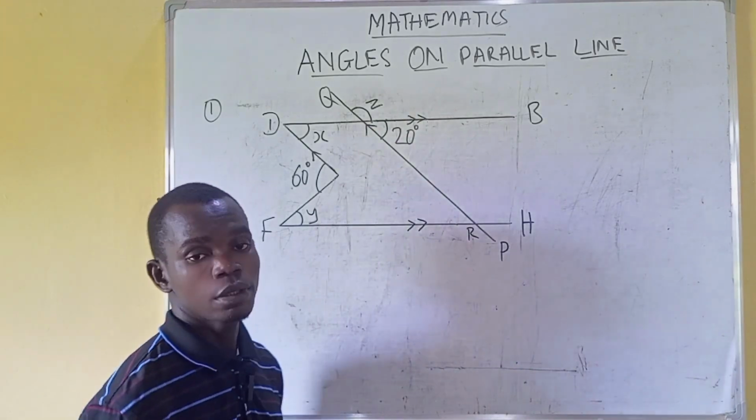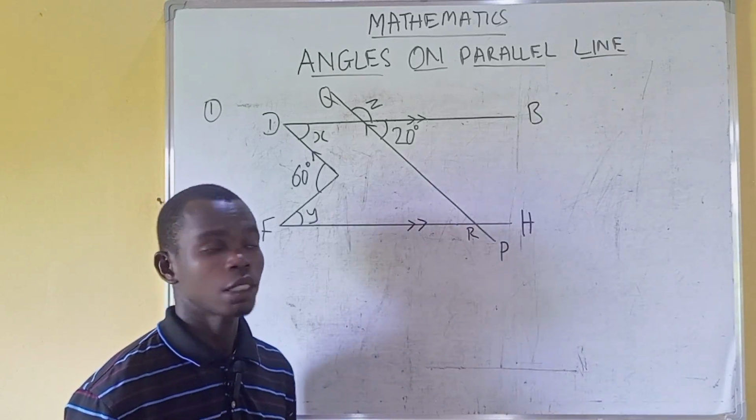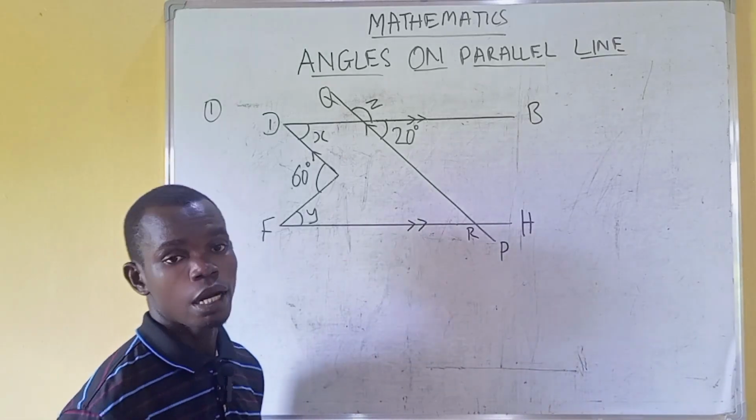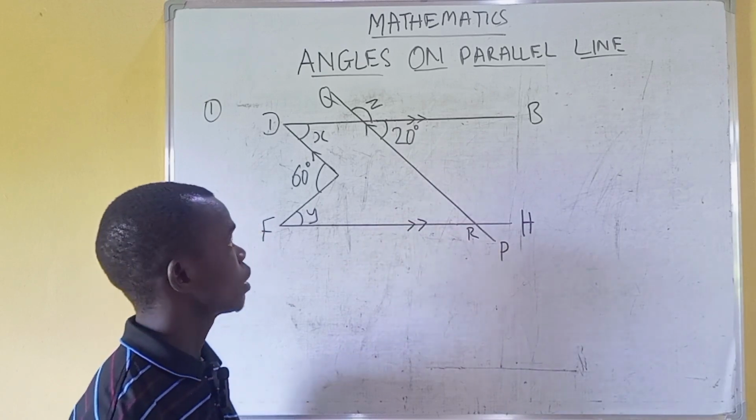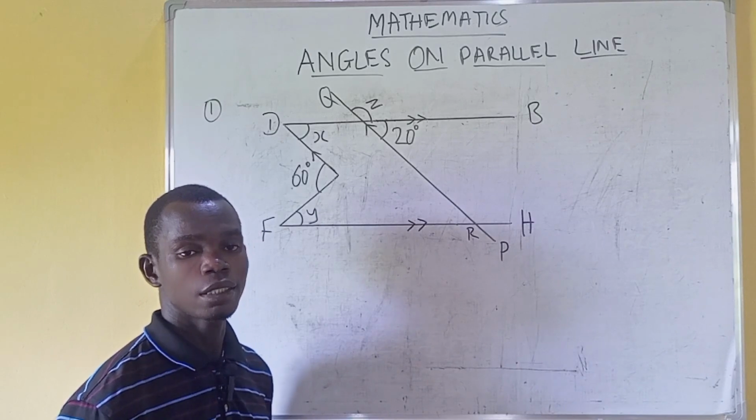Earlier we said that we have 5 major angles that are used in calculating angles on parallel lines, and they can only be formed where there is an intersecting line.